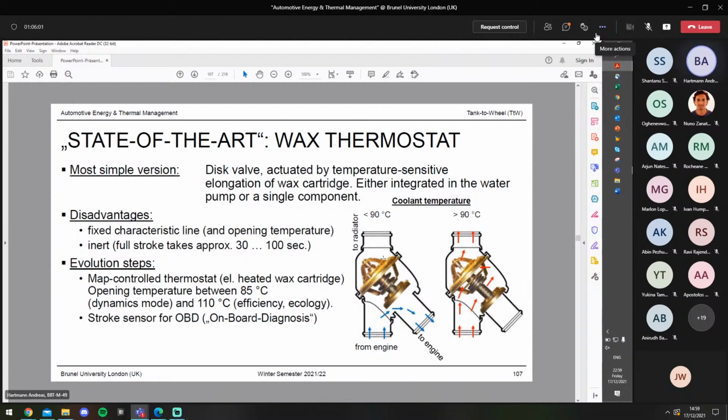And the temperature where this happens, where the wax pushes the valve in the other position, is defined by the design of the thermostat. So you cannot actually influence it during operation. It's a passive system.